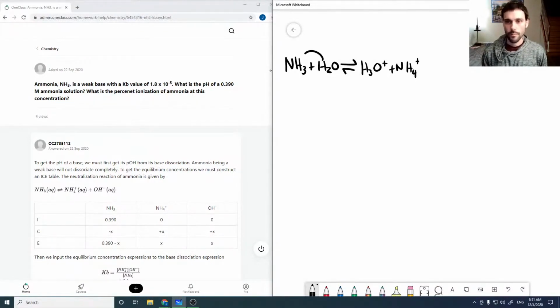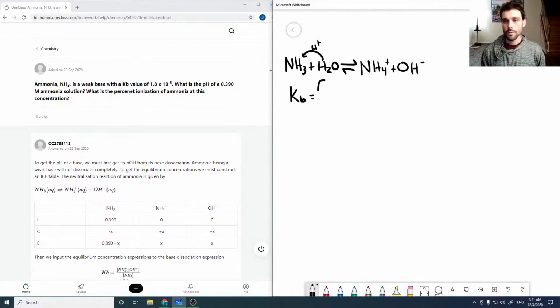So we're moving a hydrogen this way. Oops, sorry, got carried away there. NH4 plus, OH minus. There we go. Moving a hydrogen that way. There we go.